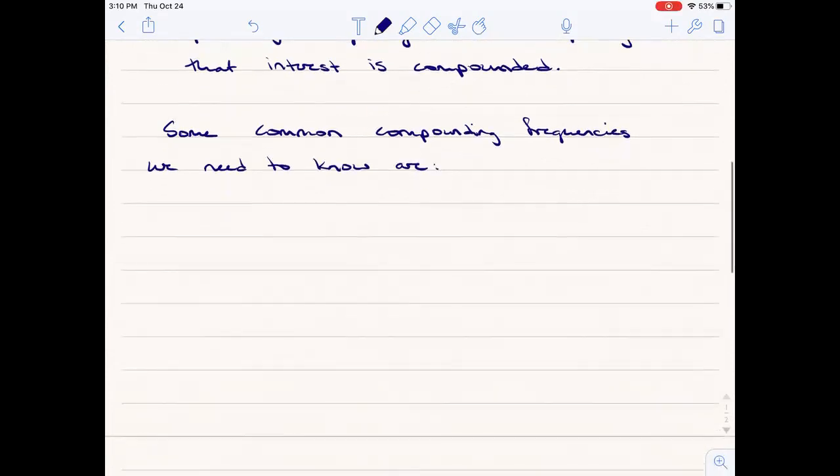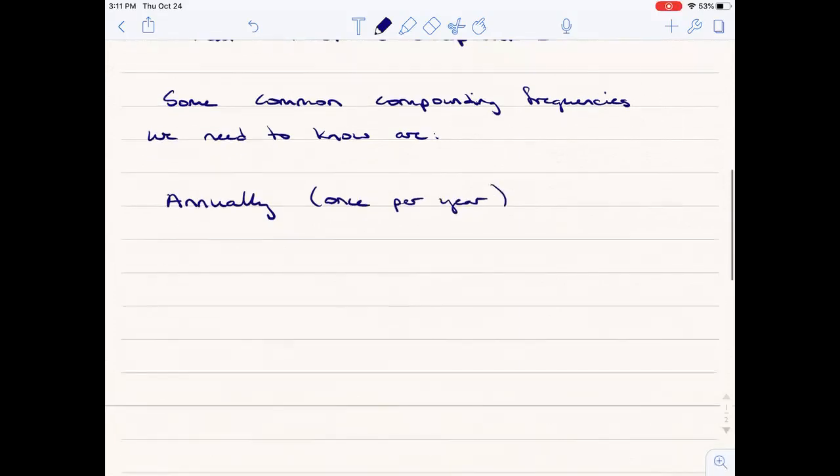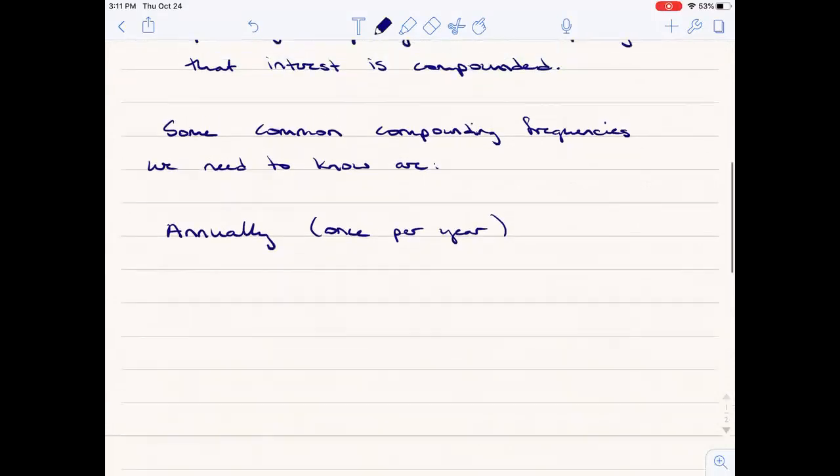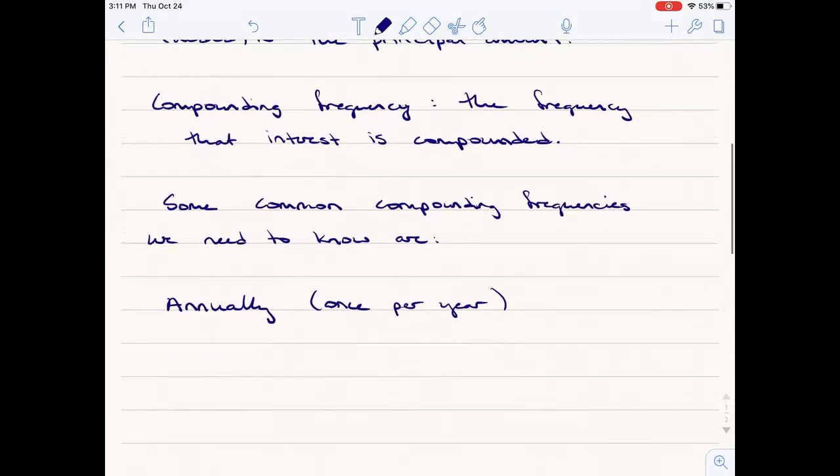and we'll start with annually, so every year. Annually is once per year. I forgot to mention that the compounding frequency is denoted by a lowercase f.